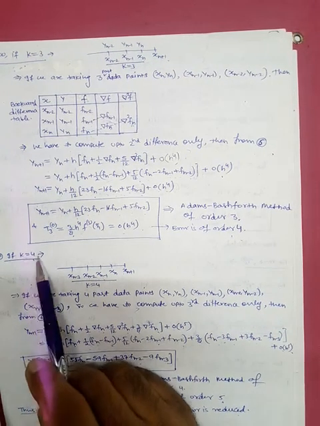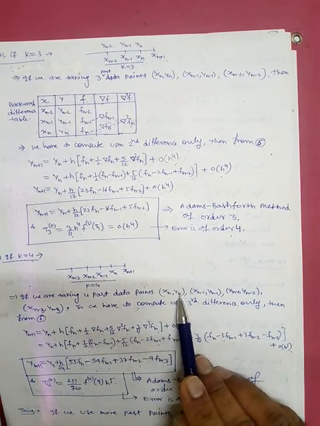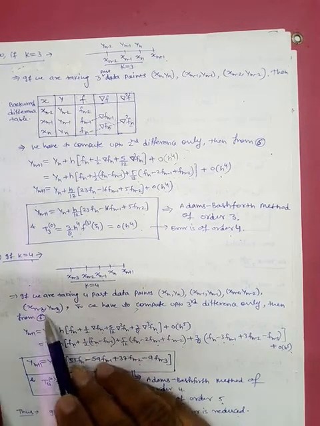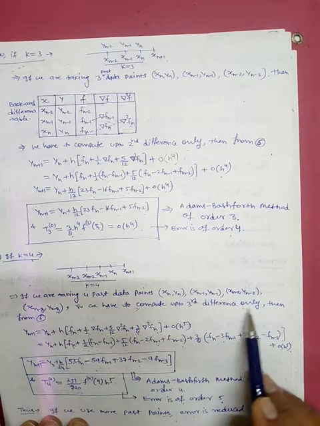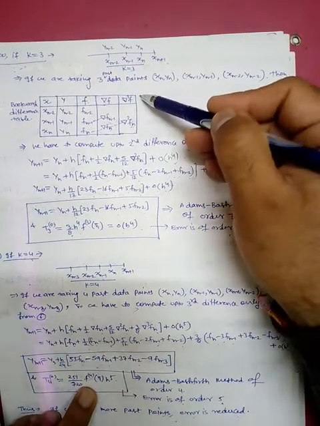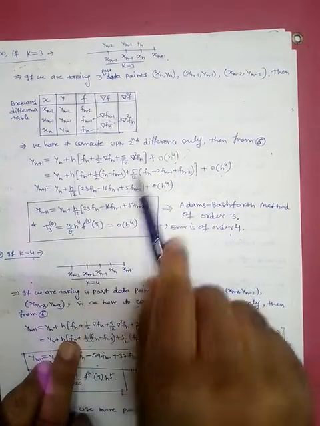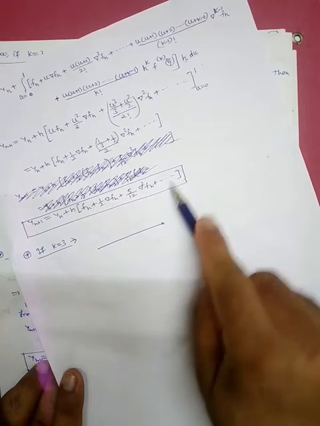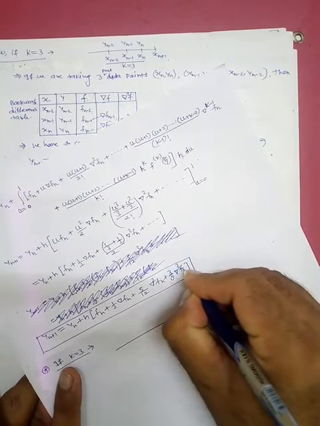Similarly, when you take 4 data points, we are using the past 4 data points: x_n, y_n, x_{n-1}, y_{n-1}, x_{n-2}, y_{n-2} and x_{n-3}, y_{n-3}. So we have to compute up to the third order difference. So now our difference order increases by one, that's why in this formula we will also use the next term, the third order difference, which will be basically 3/8. Here we will have 3/8 times the third order difference and so on.